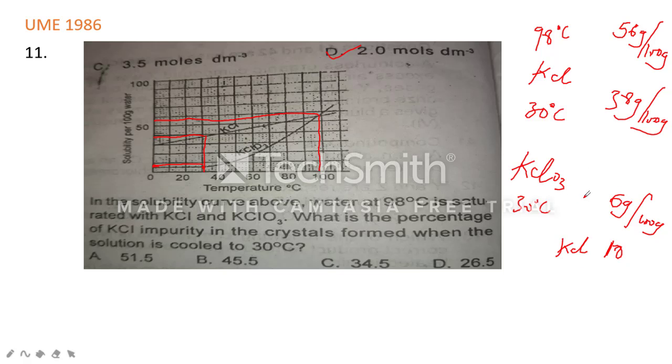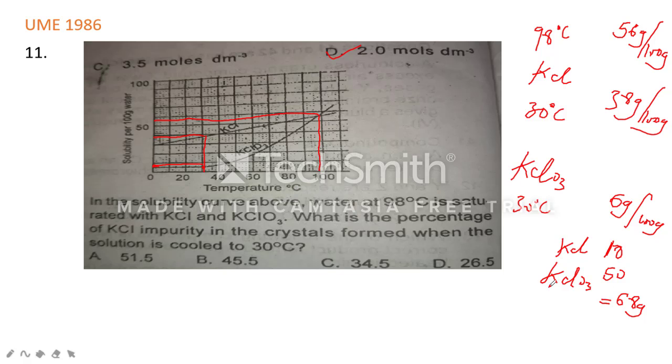Now for potassium chlorate, that is going to be 56 minus 6, which is going to be 50. So 50 plus 18, of course, that will be 68. So we have 68 grams that will be crystallized from this solution.